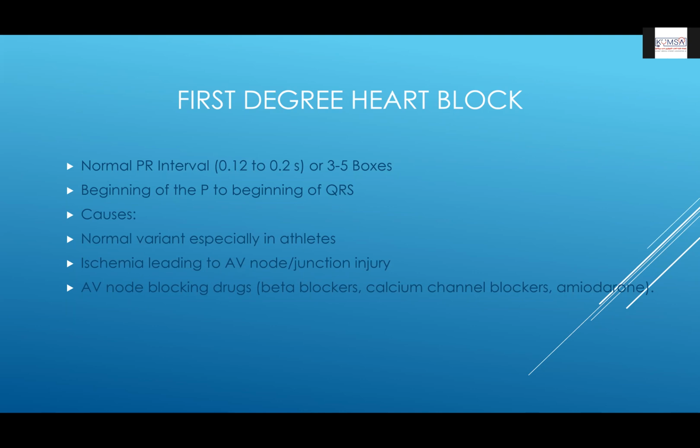A lot of times, first degree heart block is a benign condition. It's a normal variant. You definitely see it in elite athletes, but it may be a sign of pathology, especially in ischemic patients who had damage to their AV nodes. And drugs can cause it as well, such as beta blockers, calcium channel blockers, and amiodarone.